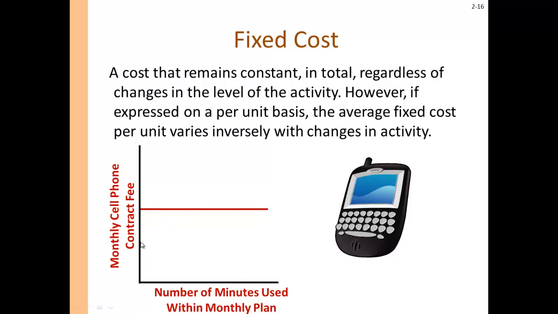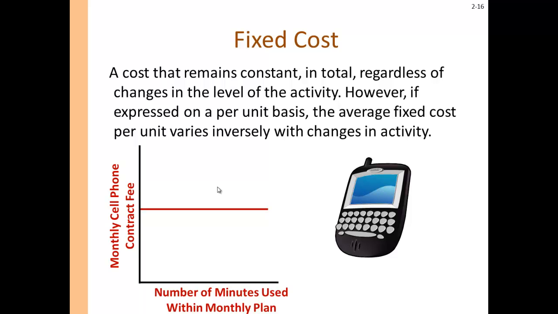A cost that remains the same is a fixed cost. Regardless of the changes in the level of activity, it is fixed. However, on a per unit basis, the average fixed cost varies inversely. The more units you produce, the less the fixed cost per unit. For example, if my rent is $1,000 a month and I produce one cell phone, that is $1,000 in fixed cost, so $1,000 per unit.